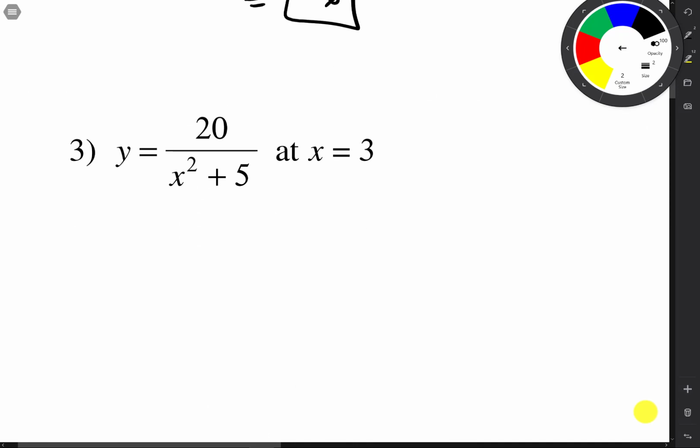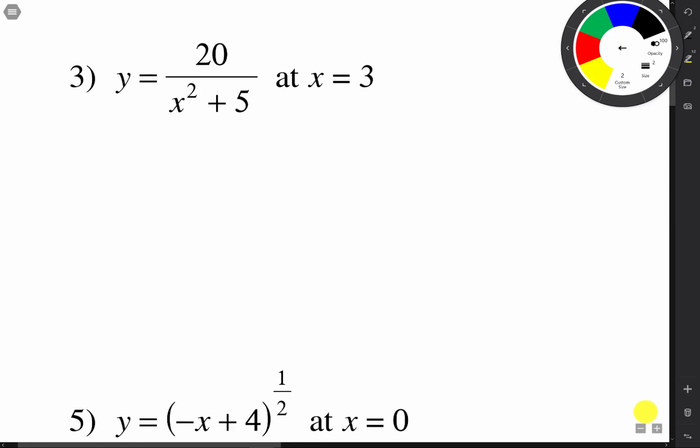So now we've got a quotient, so we're going to need the quotient rule. So y prime is going to be the derivative of the top, which is just 0, times the bottom, which doesn't matter, and then minus the top times the derivative of the bottom. Square the bottom and off we go.